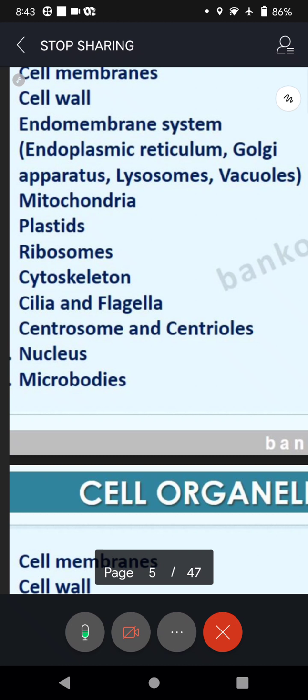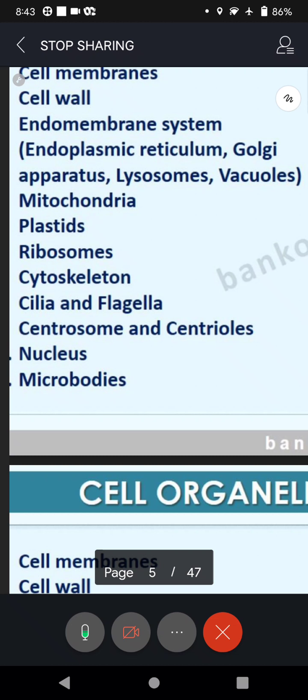Hence, all the waste materials will be thrown out by the lysosomes by blasting themselves off. And similarly, another round structures will be there. They are called vacuoles. And these vacuoles perform a variety of functions. Some vacuoles help in digestion. They are called digestive vacuoles. Some help in excretion. They are excretory vacuoles, like that.